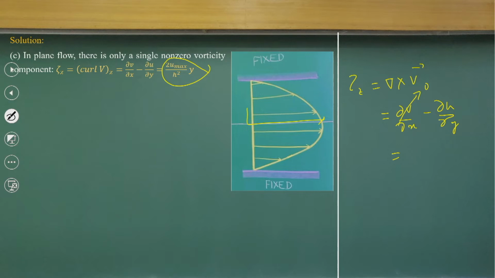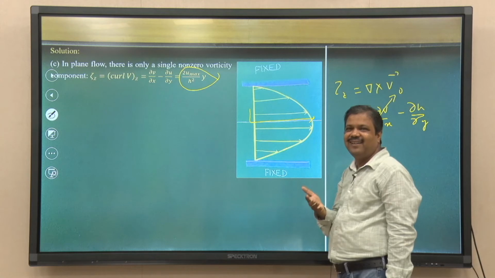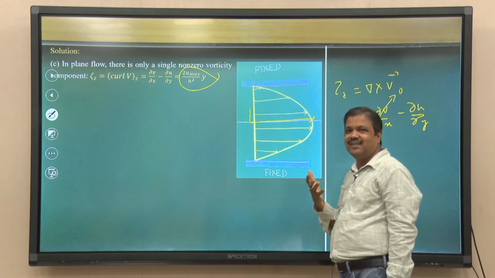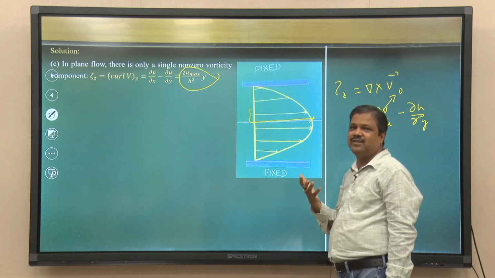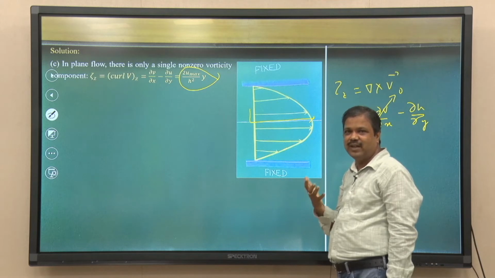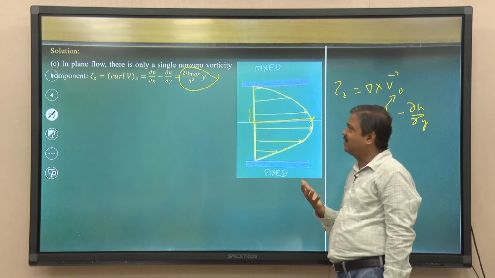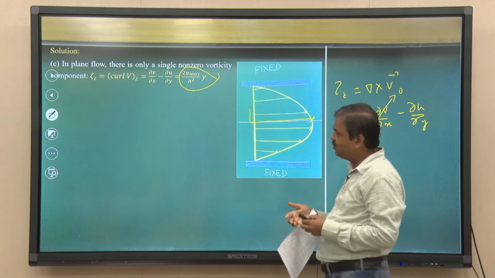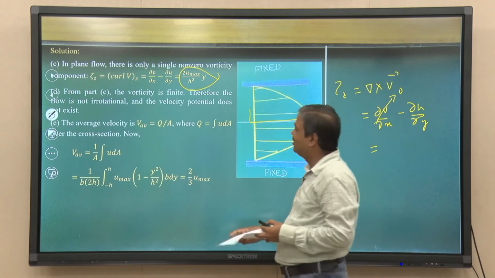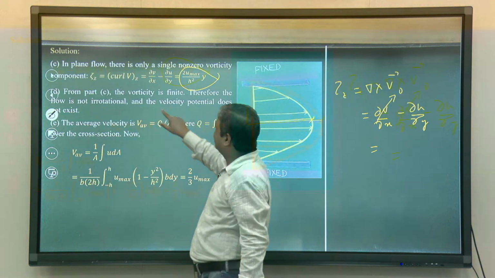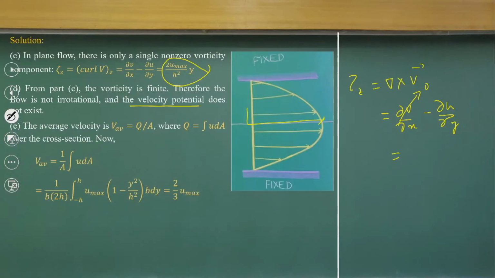Now, if vorticity components are there, as we discussed, we cannot get the velocity potential function, because to get a velocity potential function, the flow should be irrotational. That is justified here. You need not estimate the velocity potential function, because it does not exist as the flow is not irrotational.